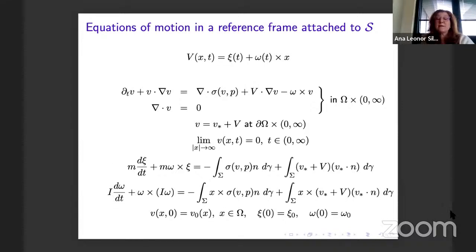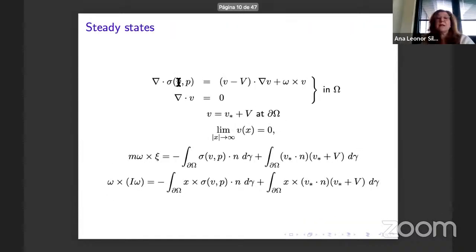We also discard the initial conditions, of course, and we consider the steady states described by this set of equations, which could again be solved by Galerkin method in these functional spaces where on the boundary of the fluid domain we put very general rigid body motions.